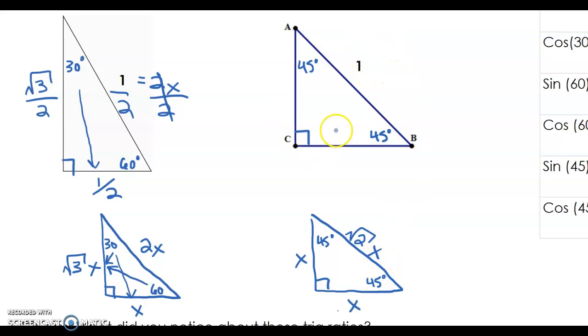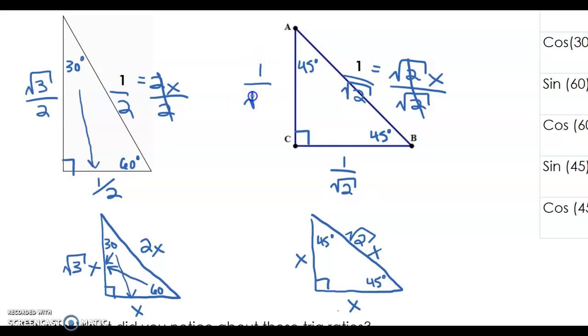And so for this example here, if we have a hypotenuse of 1, we can set that equal to root 2 x, and divide both sides by root 2 in order to find x, which is 1 over root 2. Now, of course, we've talked about this before when we've talked about radicals.